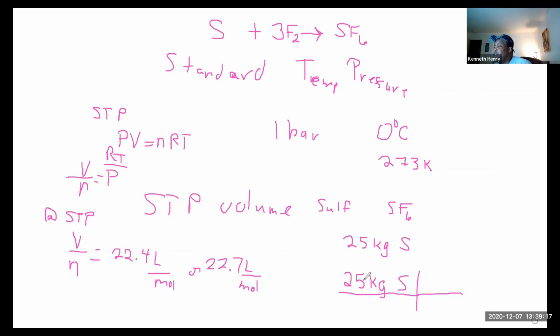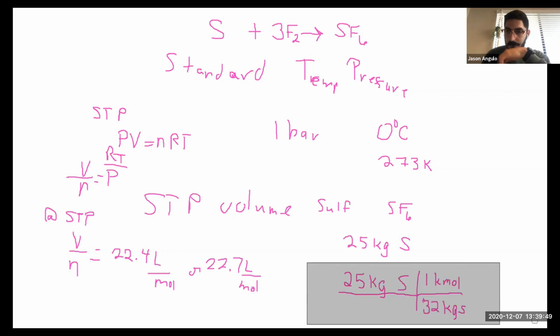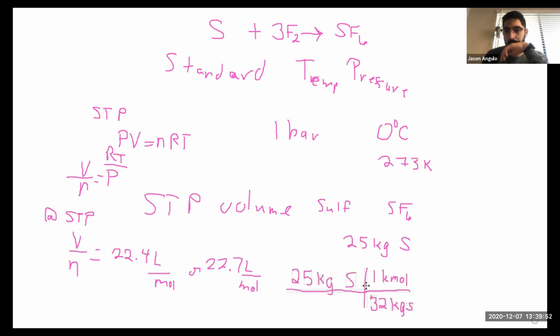Well, you could keep it in kilograms, but no, we don't have to. So what is that? You said 32? Kilograms per kilomole? Yes. I did show you that shortcut, didn't I? Yeah, in class. Then the kilos cancel out. That's right.